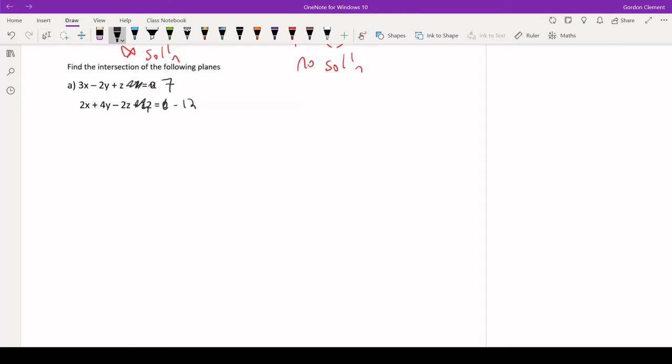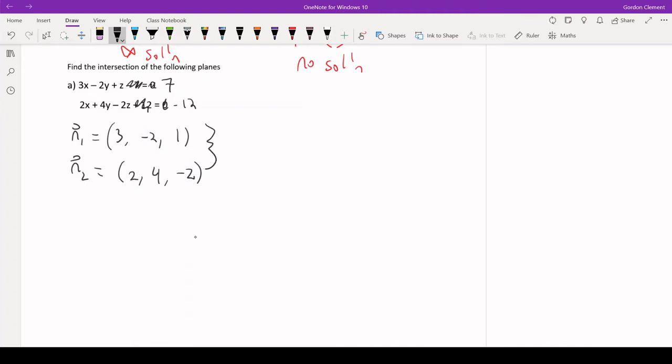Well, actually, before you even do that, we should see if we have to do any work. The first normal vector is 3, -2, 1. My second normal vector is 2, 4, -2. And we see that these are not scalar multiples of each other.